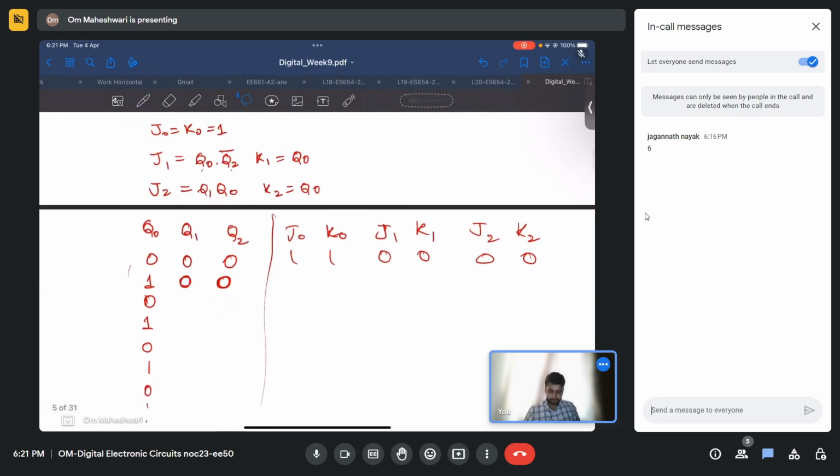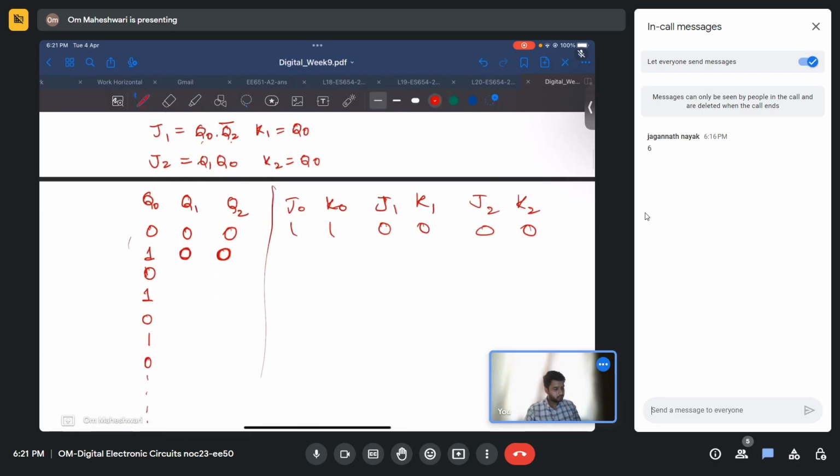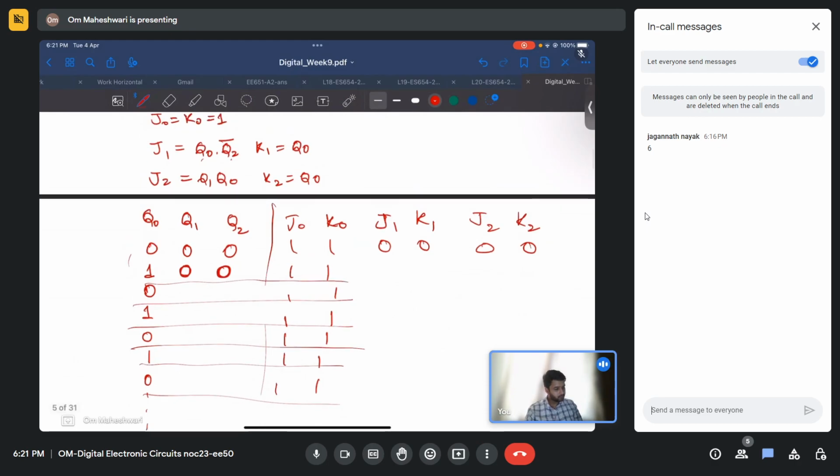Okay, so next state. This we have seen already. Q0 flips, so J0 K0 is always 1 1. Now J1 is Q0 Q2 bar. Q0 is 1, Q2 bar is 1. So J1 will now be 1, right? K1 is Q0, which is also 1.